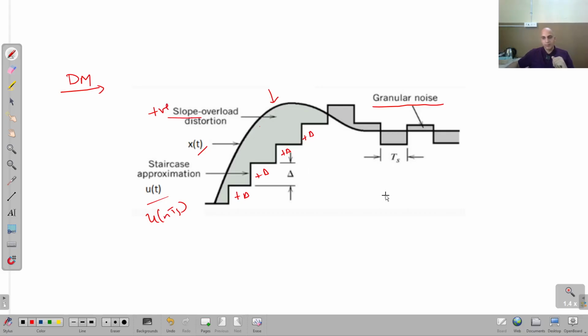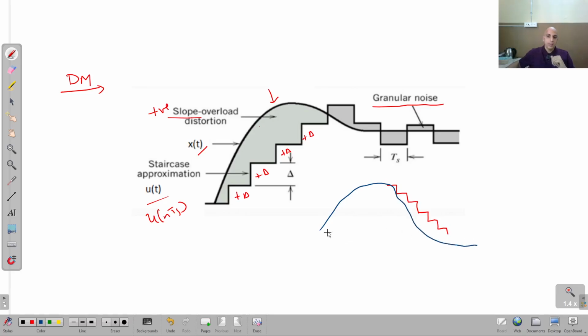It can be negative. Suppose I have this type of waveform, and the actual signal was like that. It initially rises in this way and then it comes down, right?